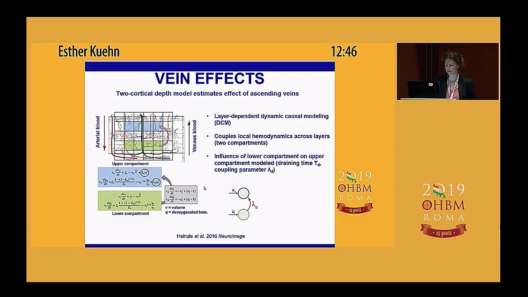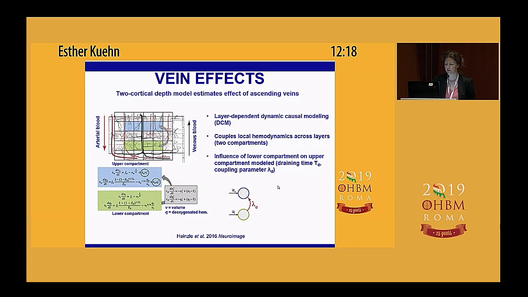A factor was introduced that models the draining time that the blood takes from lower to superficial layers with respect to the signal influence of the draining veins, and a coupling parameter was modeled that shows you the strength of this influence. It's just this one additional parameter that was added to the DCM model, which can then allow you to test hypotheses, for example, on how the lower layers are influencing the upper layers.